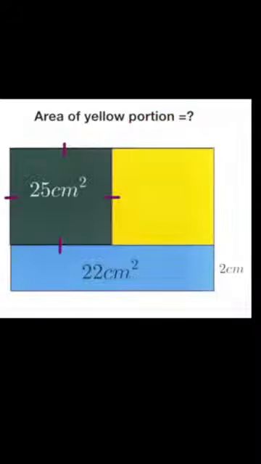Let's have this one. We need to solve for the area of the yellow region. Mid-10 said yes, not VMP, yes, okay. Yellow shaded region, you need to calculate the area. You are already given two of the areas.